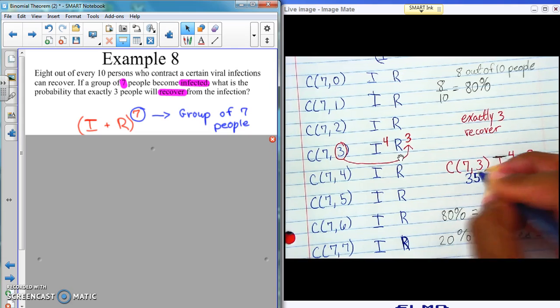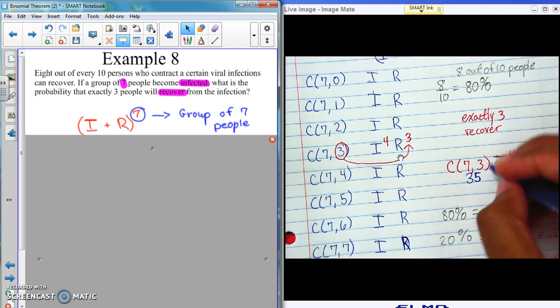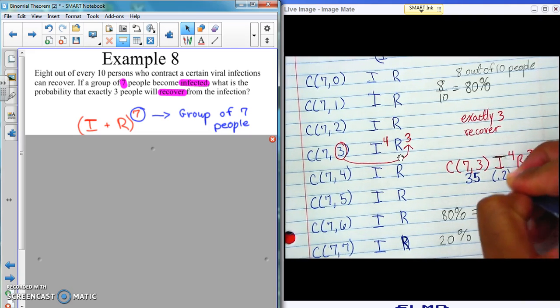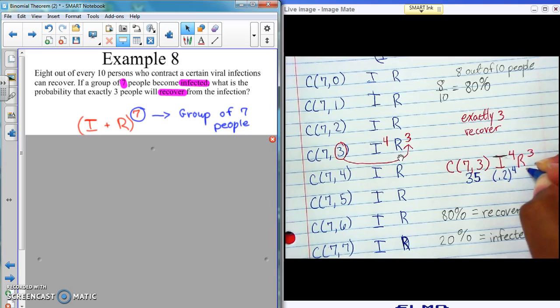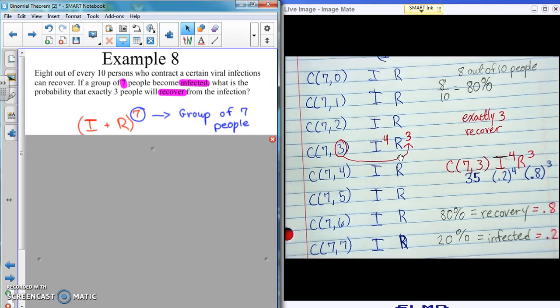So check your stuff in the calculator, make sure you remember how to put that in. The I, the infected, is 0.2. And the R is 0.8. And again, all we're going to do is put this into the calculator and we're going to be done.